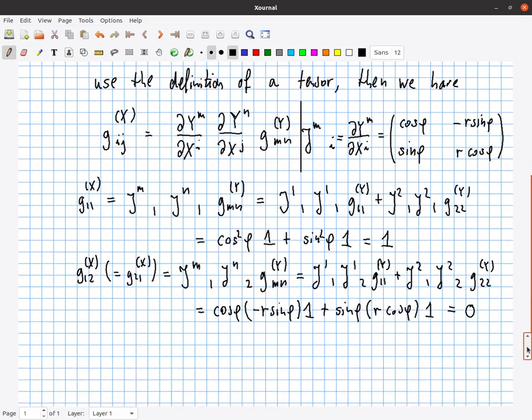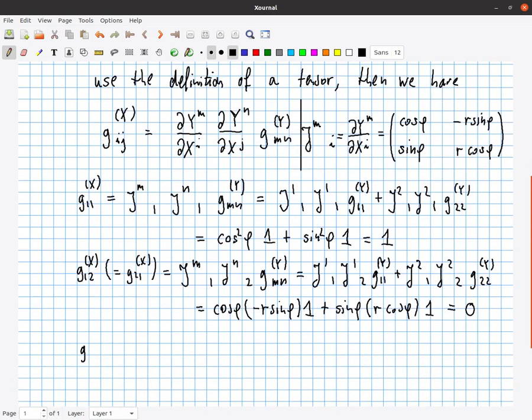And the last term is G22, so it's the same calculation again. J M2, J N2, G M N Y. So again, these components are only 1. So we get 1, 2, 1, 2, 1 plus J2, 2, J 2, 2, 1, 1.